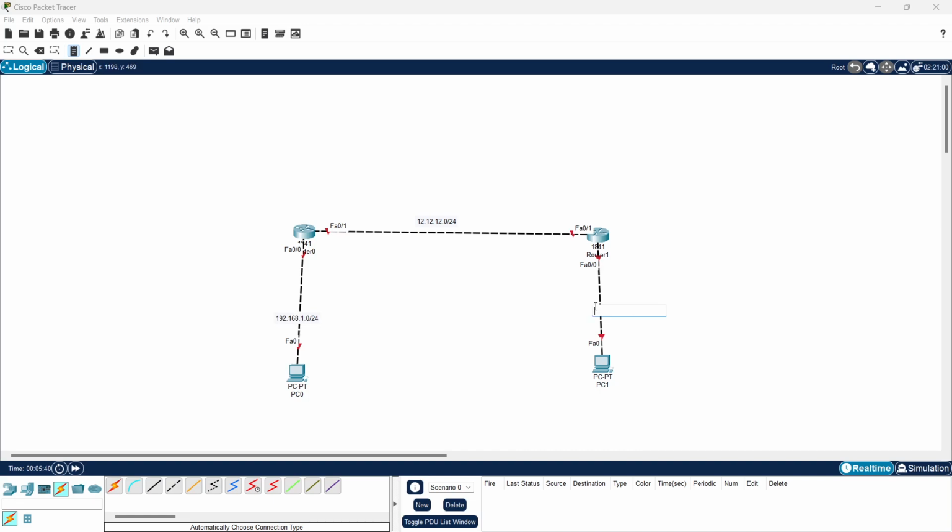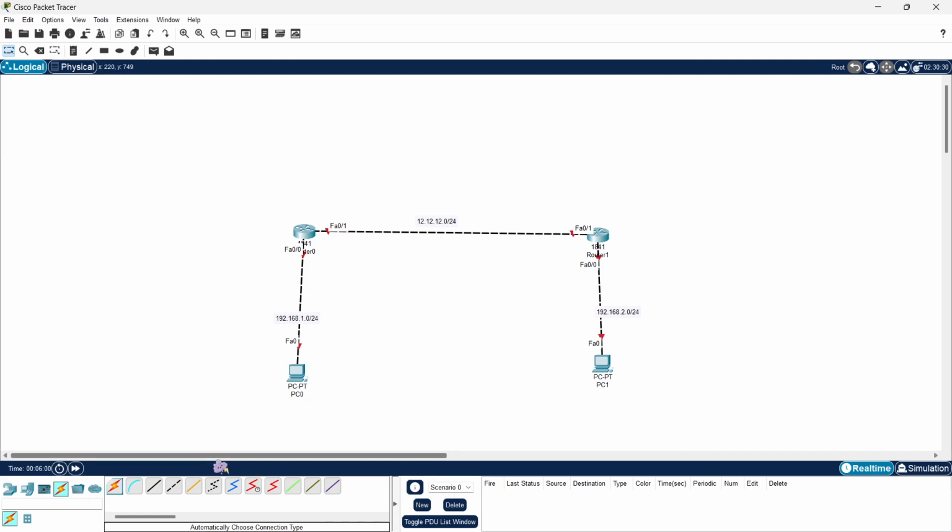And for the right side, from PC 1 to router 1, we use 192.168.2.0 with the 24 prefix. Okay, so that is the topology.